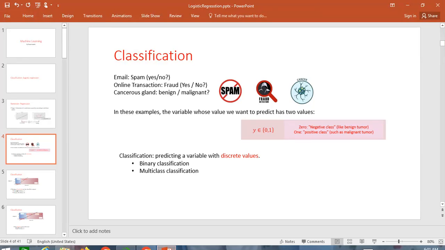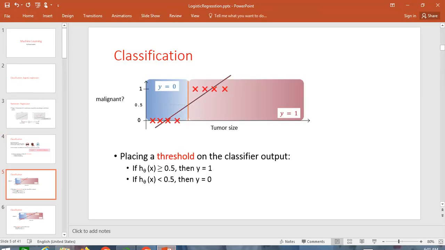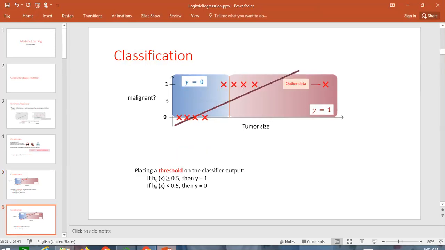We increase the data. Suppose we have data that is far from other data. In machine learning, these data are called outliers. We consider that threshold again, and in cases where h theta x is higher than 0.5, we classify it as class 1 and 0 otherwise.